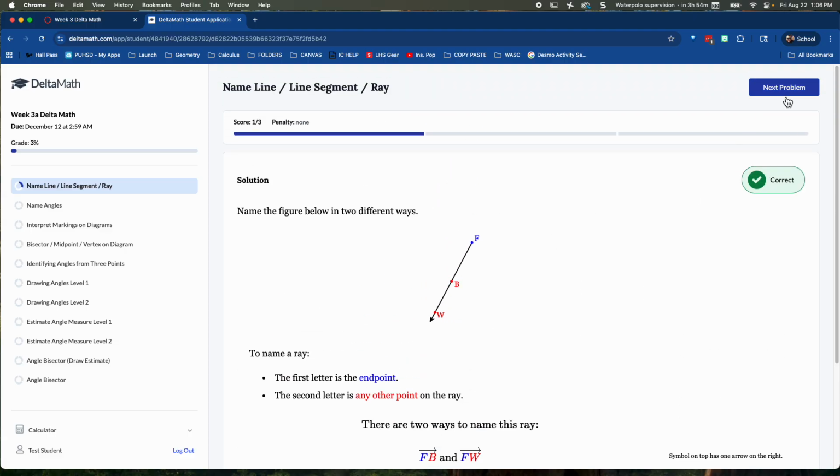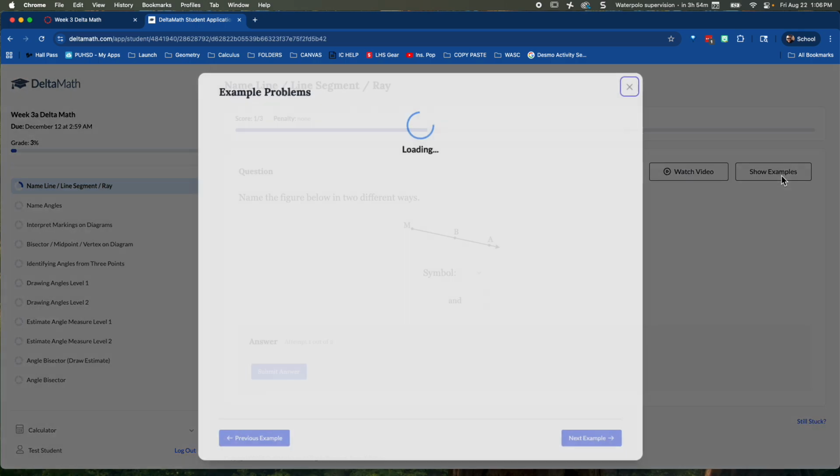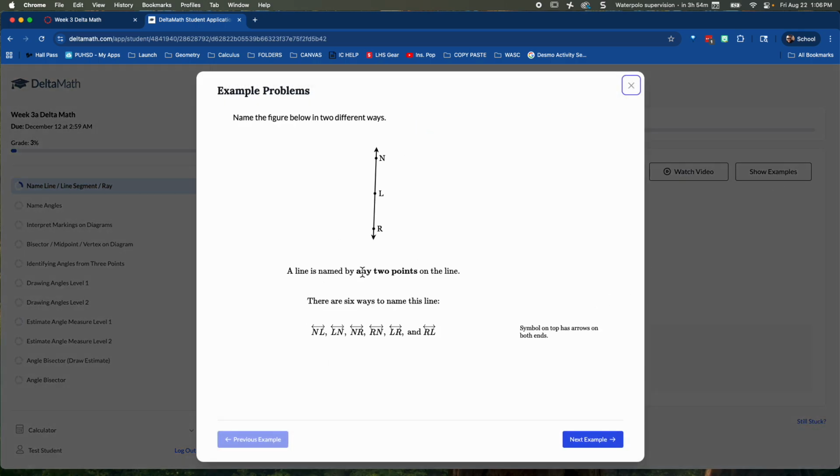Let's do another one, very similar. That one's a ray, so let's see if we have different examples. Okay, here we have a line. A line is going to have arrows pointing in both directions, and you just need to pick any 2 points on the line. So NL, LN, RN, NR, LR, RL all work.